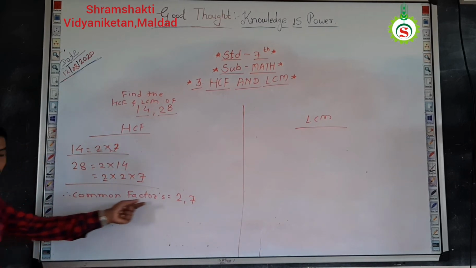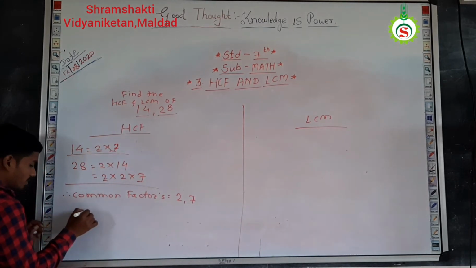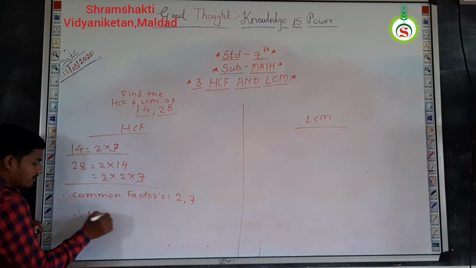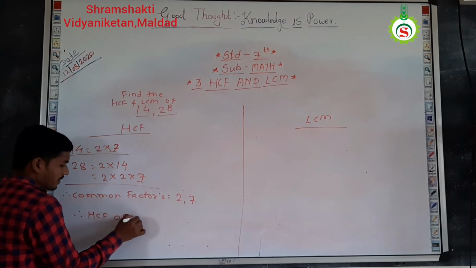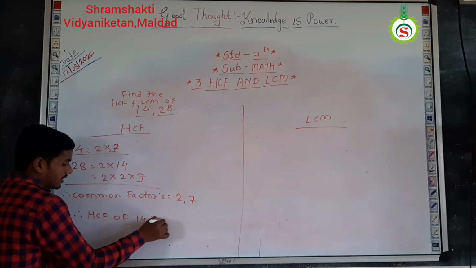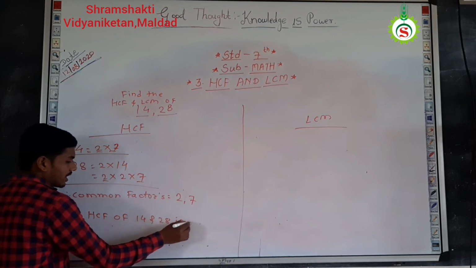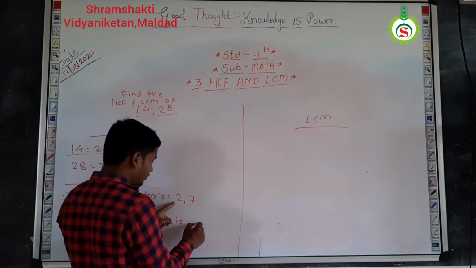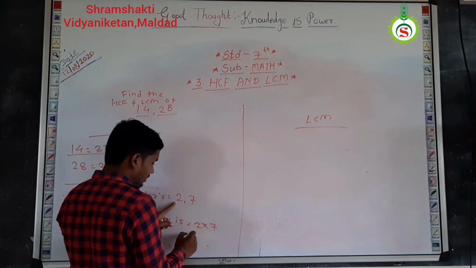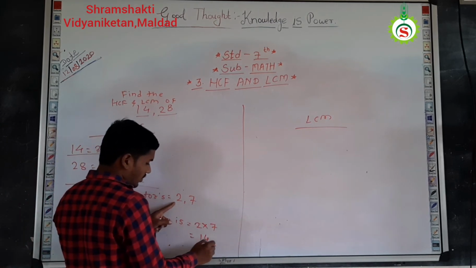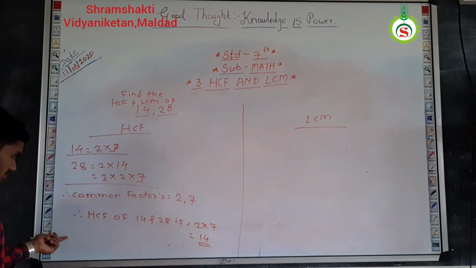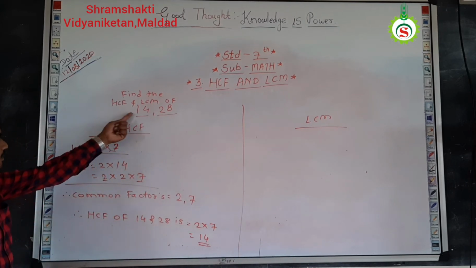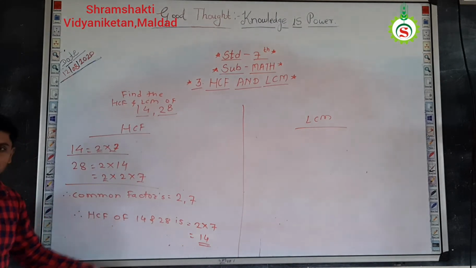So I have found out the common factors. Therefore, once I find the common factors, how will I find the HCF of 14 and 28? From the common factors, I have to take the multiplication. So 2 into 7, the answer is 14. So the HCF of 14 and 28 is 14.